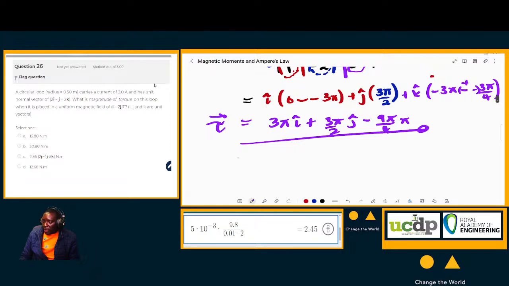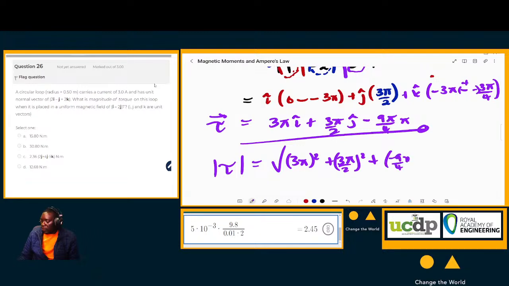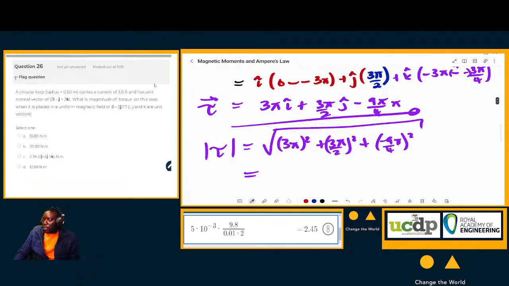And we want the magnitude. The magnitude of this torque will be the root of 3 pi squared plus 3 pi over 2 squared plus minus 9 pi over 4 squared. So that expression there would give us, calculator.